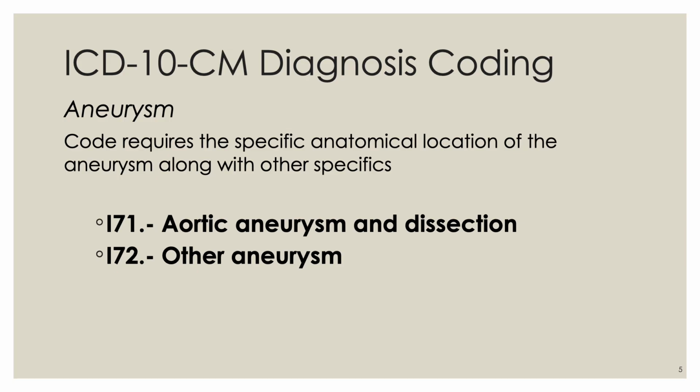Okay, so I-71, aortic aneurysm and dissection, is if it is an aortic aneurysm. And if the aneurysm is anywhere else in the body, we're going to look at the code options for I-72. And of course, those little dashes mean additional characters are going to be required after the dot.